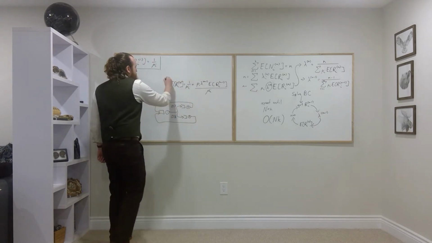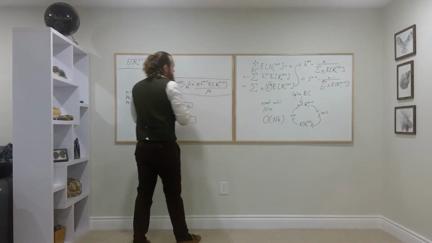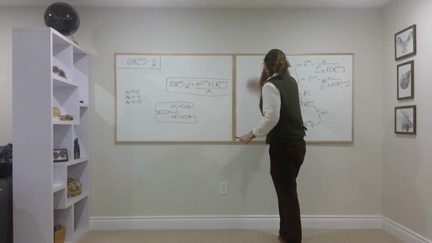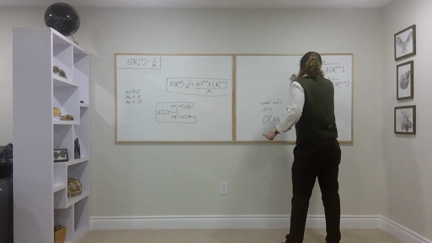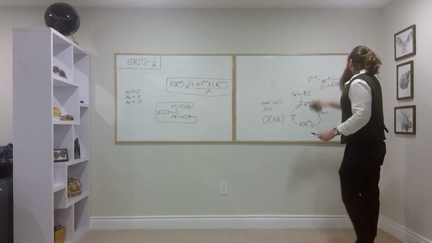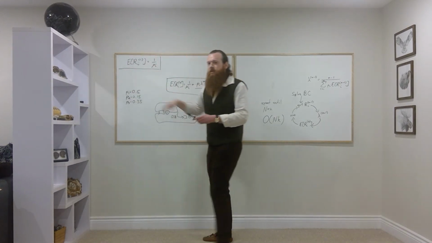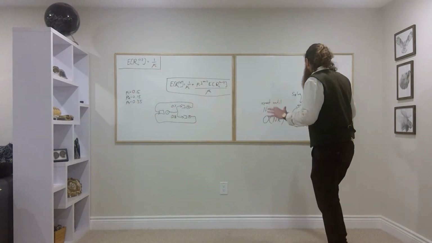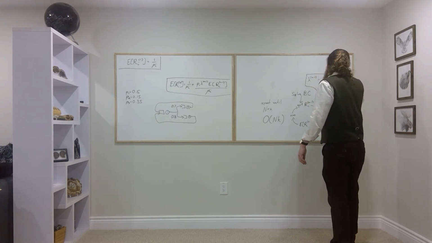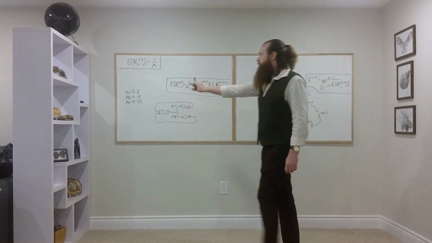Like so, block that off. That's my second equation, and I got my base case up here. So everything should theoretically work out. Okay, and I have my p-values.